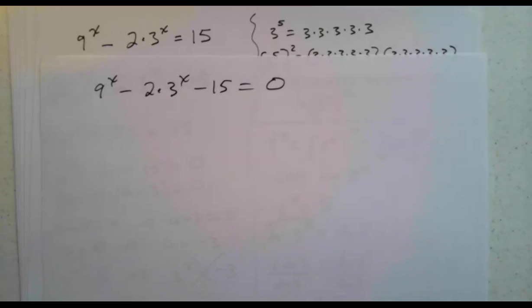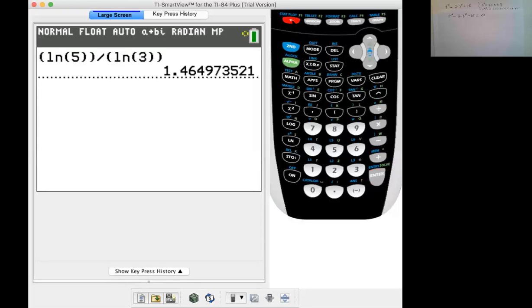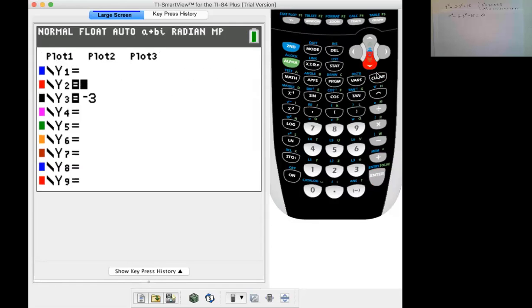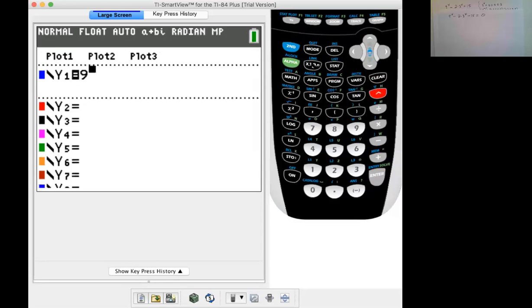So let's jump back to the calculator and get rid of everything that's there from before. And I want to see, when is this new function equal to 0? So 9 to the x minus 2 times 3 to the x minus 15. When does this equal 0?